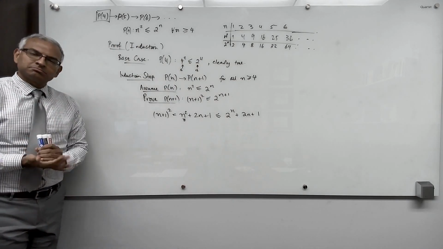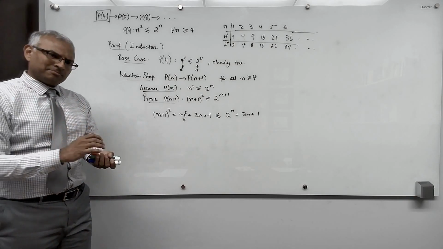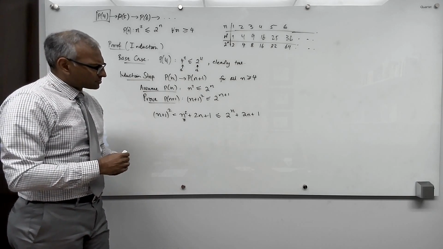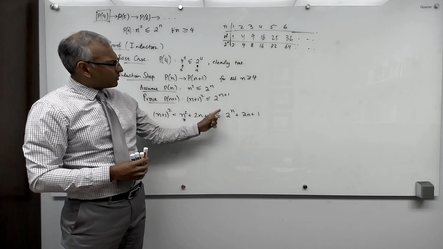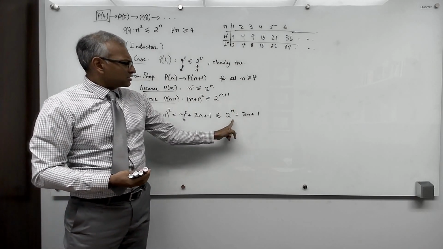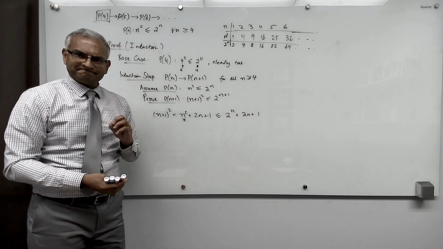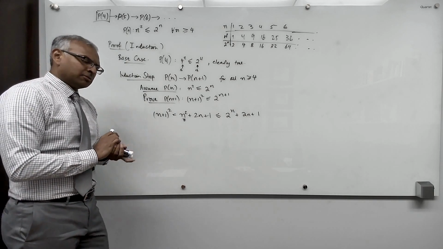And unless we can make some sort of non-trivial steps from this point, we're kind of stuck. Because we've certainly got, we're after this, but there's no easy way to see why this should be either equal to that or less than or equal to that. Okay? Now, this is where you need a little bit more creativity.